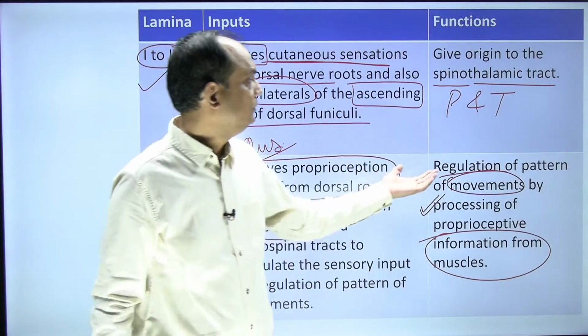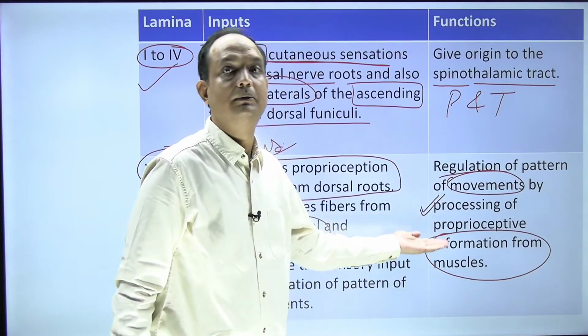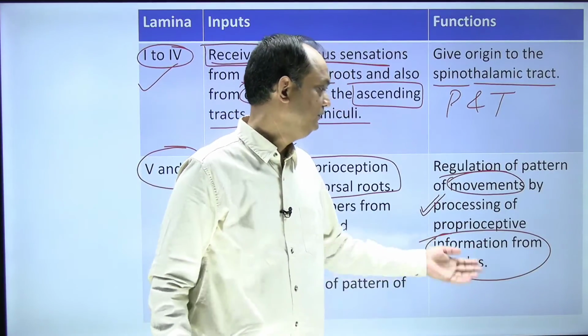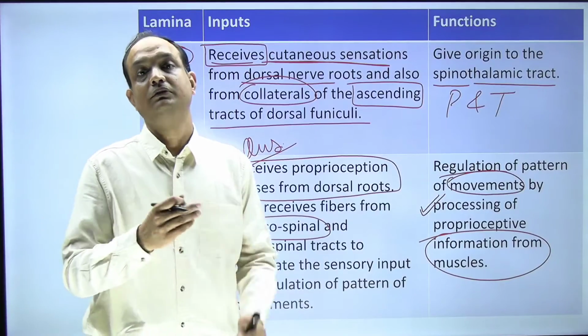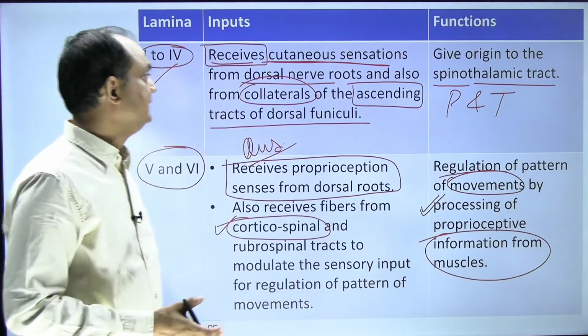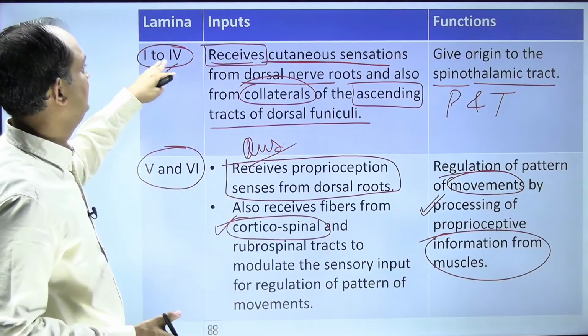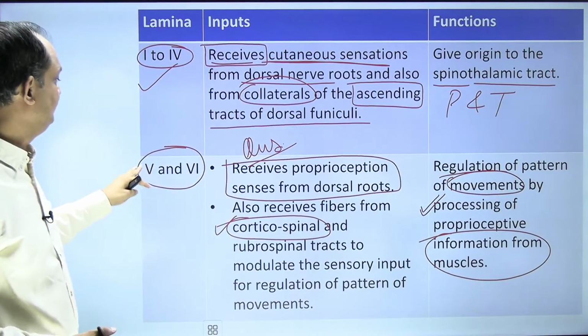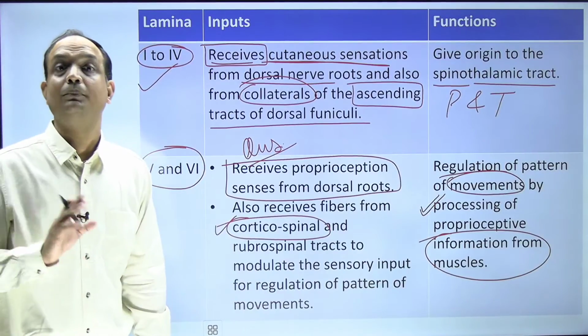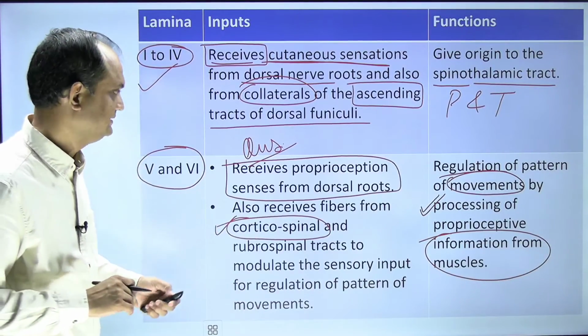Clear? So regulation of the pattern of the movement by processing of the proprioception information of the muscle is helpful to find out the pattern of the movements of the muscle. Clear? So we have seen that Rexed lamina 1 to 4 are basically related to pain and temperature. Rexed lamina 5 and 6 are related with the proprioceptive impulses from the muscles.